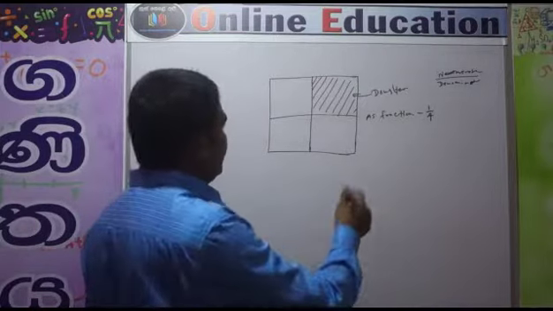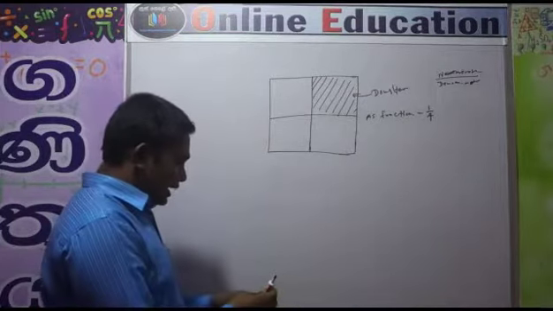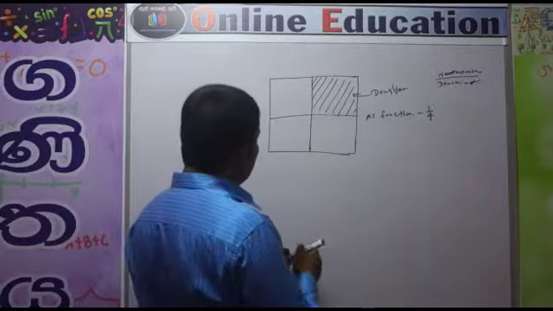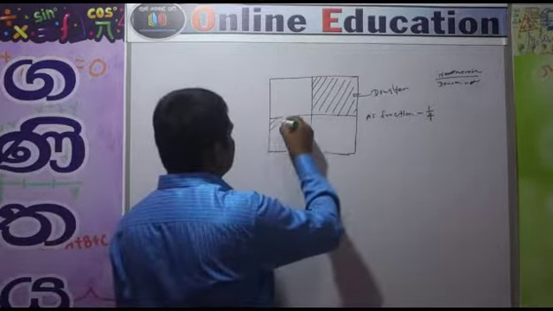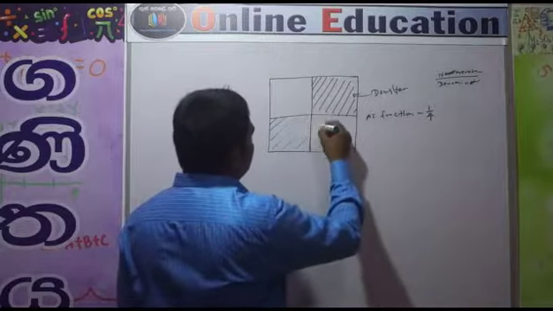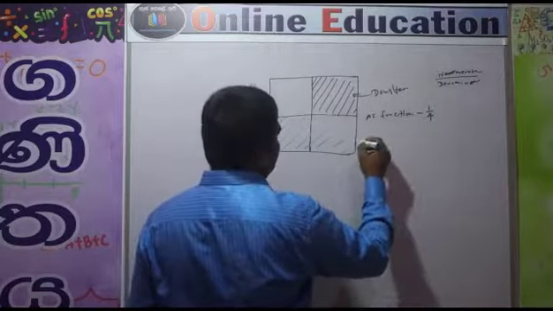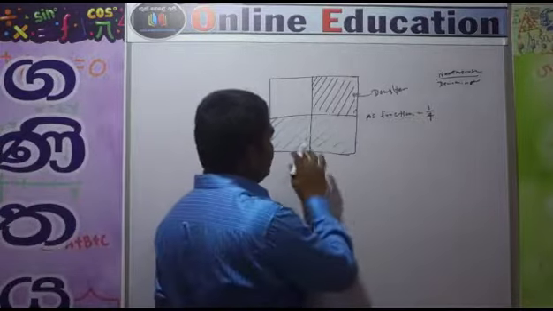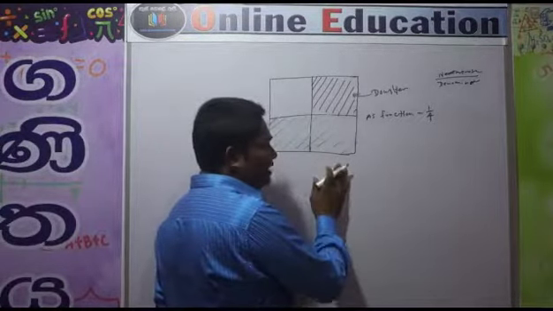Again, the father has decided to give 2 parts to the son. I am shading this in green color. This is the part the son is getting. How many parts is the son getting? 2 parts.